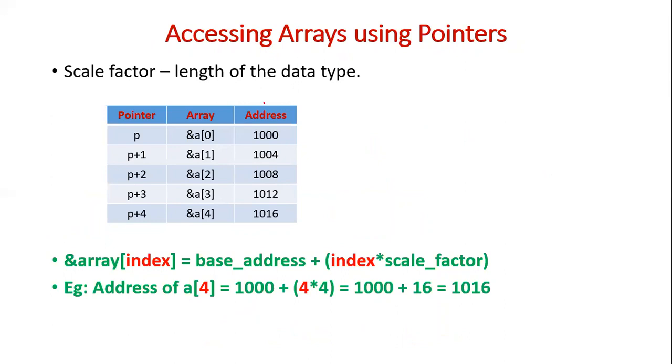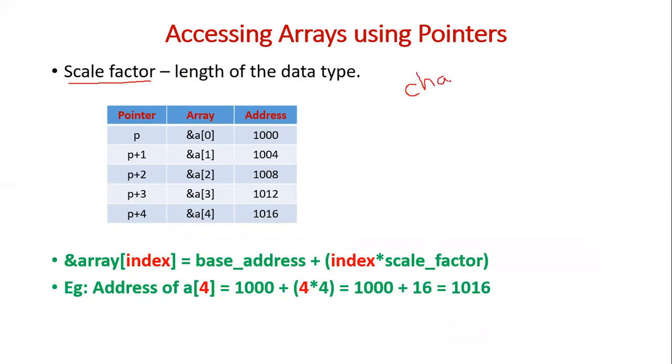In the context of pointers to arrays, we use a term called scale factor. What is meant by scale factor? Scale factor refers to the length of the data type, that is, how many bytes a particular data type occupies.